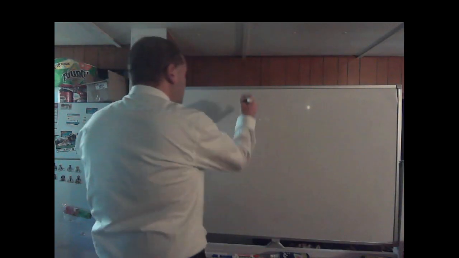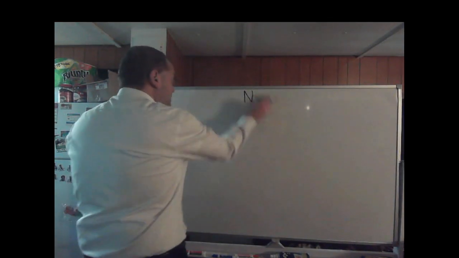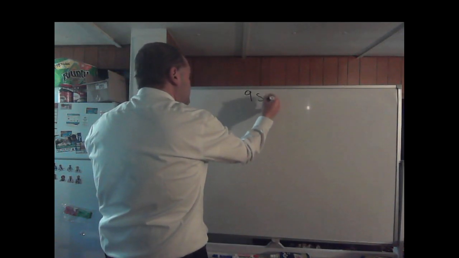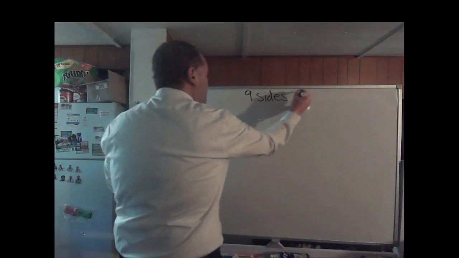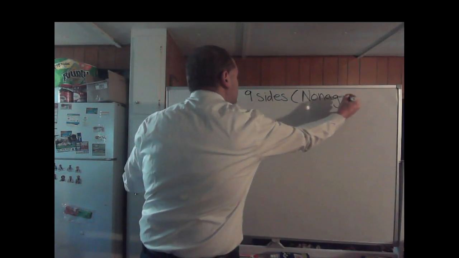So, let's see here. 9 sides, right? This polygon has 9 sides. So in other words, it's a nonagon. It's got 9 sides.